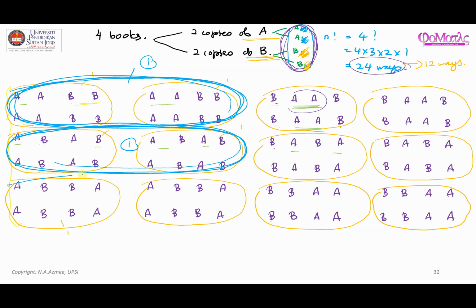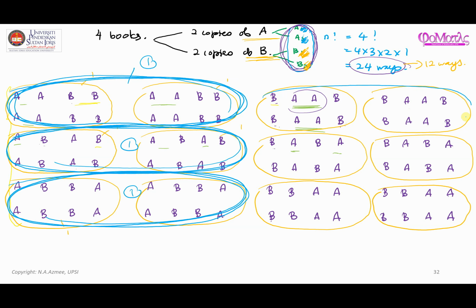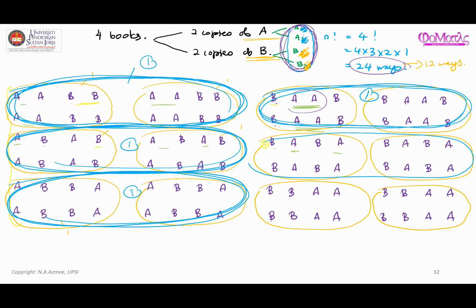Okay, here we've got this one over there, this one. So this is the third arrangement. This one is also a similar arrangement when you remove the subscripts for A and B. Okay, and this one is another arrangement.